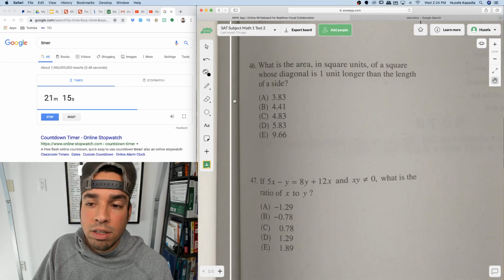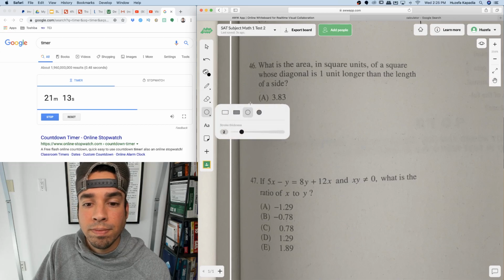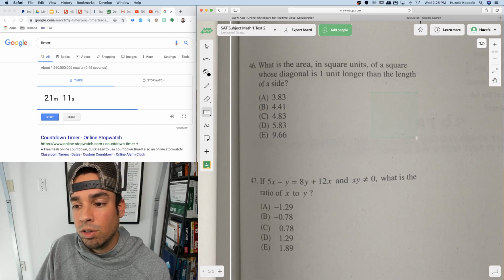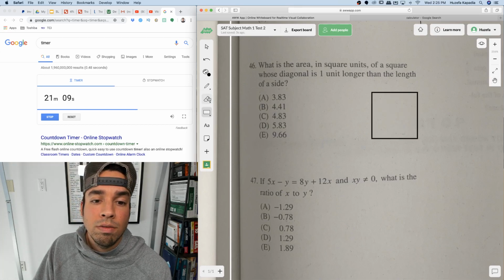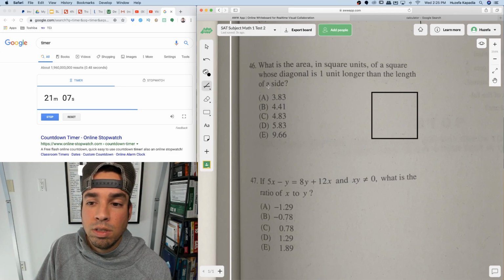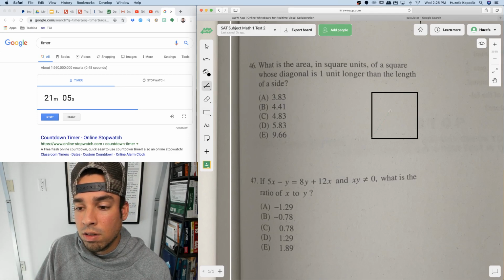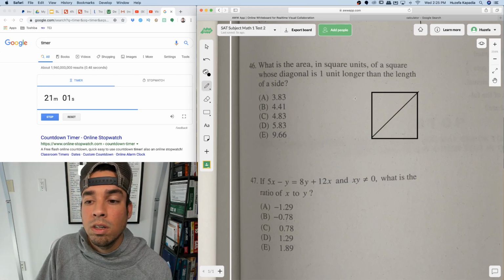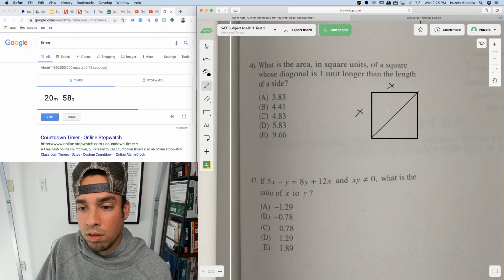46. What is the area in square units of a square whose diagonal is 1 unit longer than the length of a side? So that's the thing.